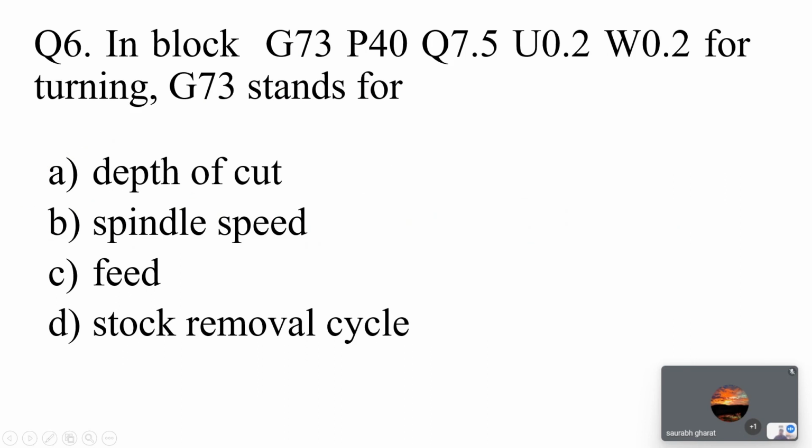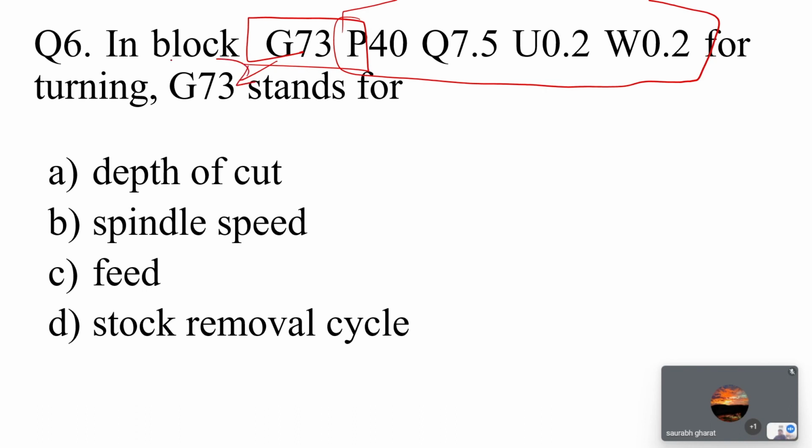Sixth question, in block G73 P40 Q7.5 U0.2 W0.2 for turning, G73 stands for. It is very easy right now because of the way it is written, it must be some kind of cycle. It is stock removal cycle, and this is G73. What is the answer?